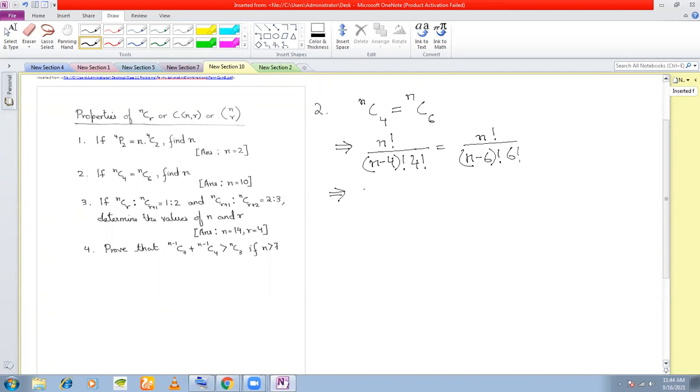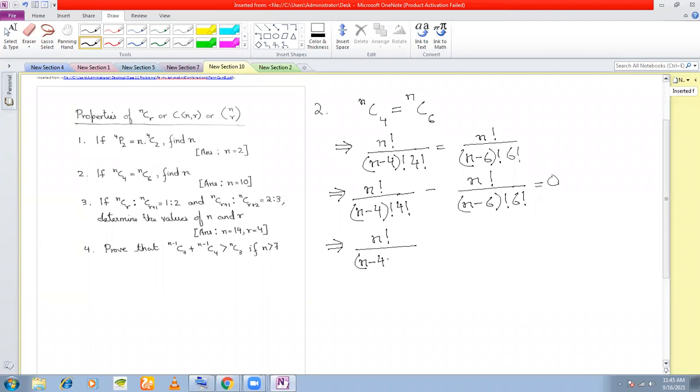You take everything on one side: factorial n by (n minus 4) factorial into 4 factorial minus factorial n by (n minus 6) factorial into 6 factorial must be equal to 0. Now what you do here is factorial n by factorial n minus 4 you write as it is.